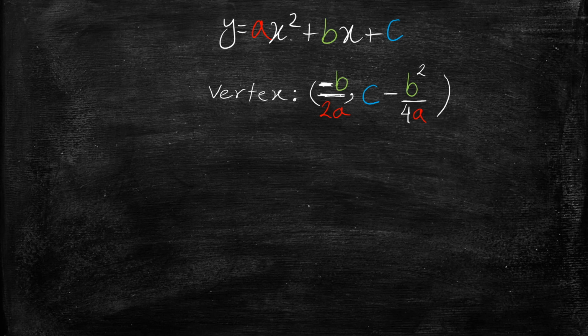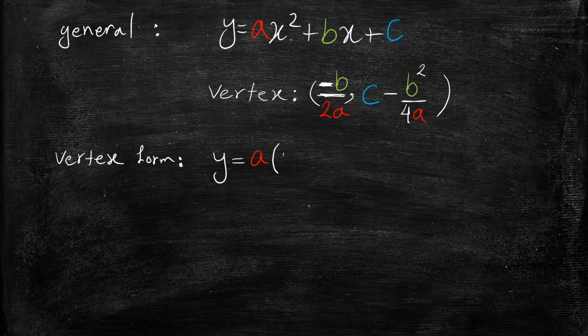Sometimes instead of giving the equation in the general form like this, they write the equation in vertex form. There is a vertex form for quadratic equations, and that makes it easy to immediately find the coordinates of the vertex. That form looks like this. y equals a, the same a as we had in the general form, times parenthesis x minus h, close the parenthesis, to the power of 2, the entire parenthesis to the power of 2, plus k.